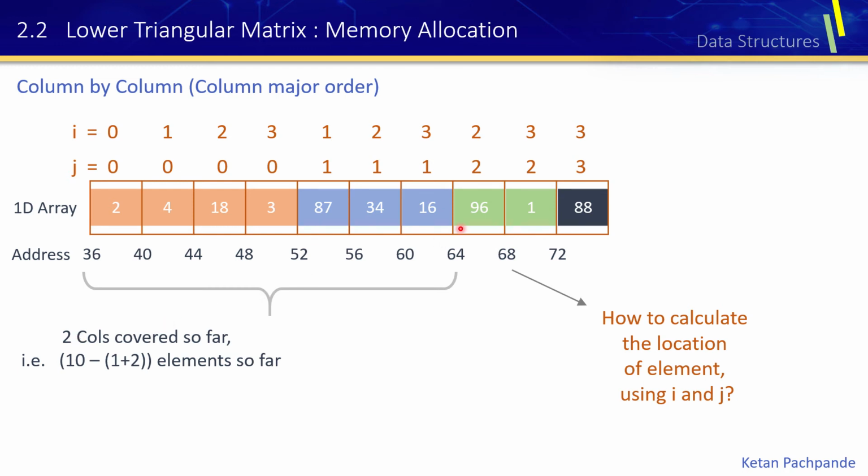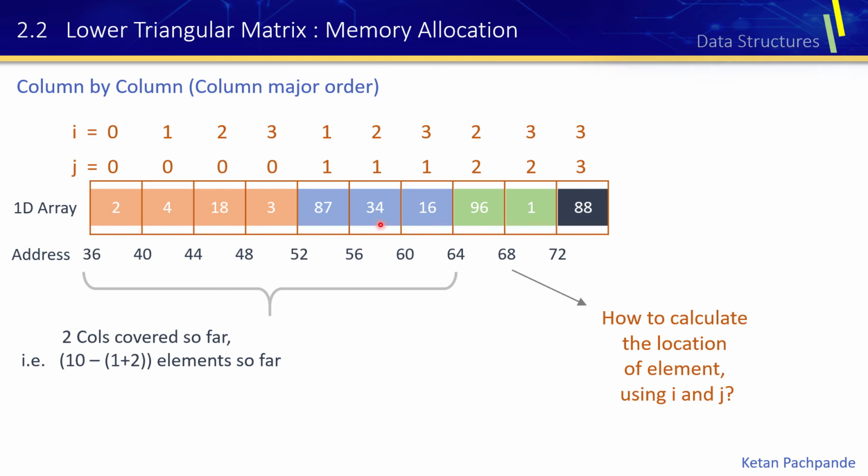If you see, before this particular green column, there are two columns covered so far. Let's first calculate manually. For this particular element, two columns have been covered so far in the one-dimensional array.